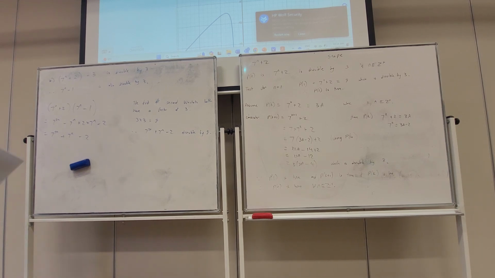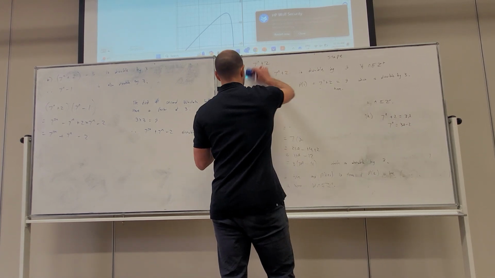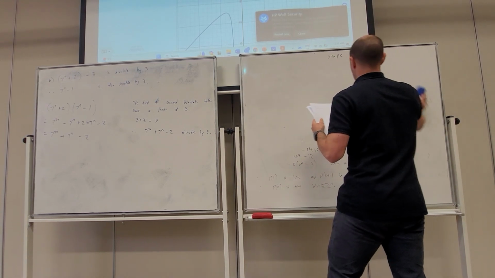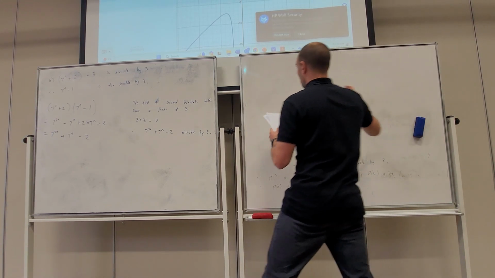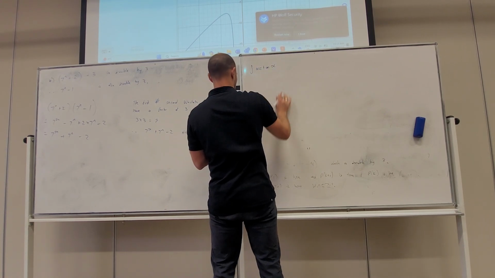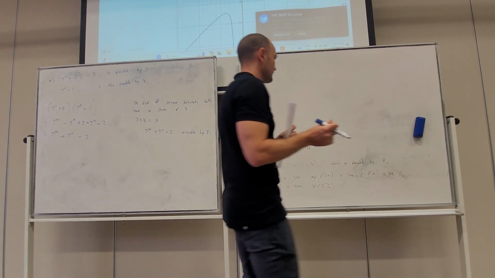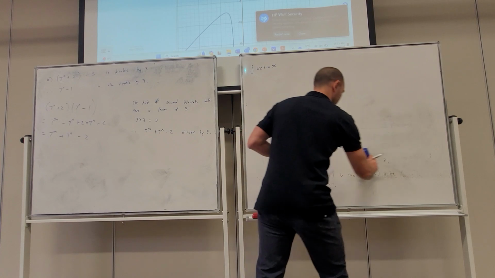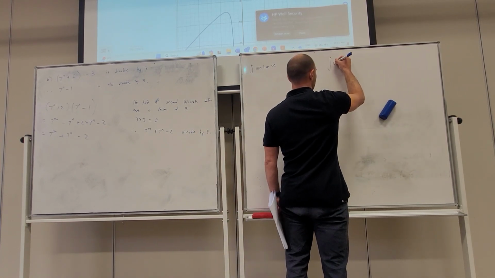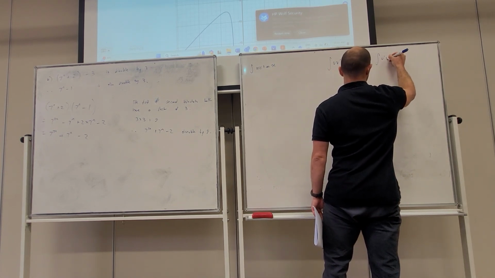Integration by parts. Integrate arctan x. There's a bit of a hint here. Integration by parts is the integral of uv dash equals uv take away the integral of u dash v.